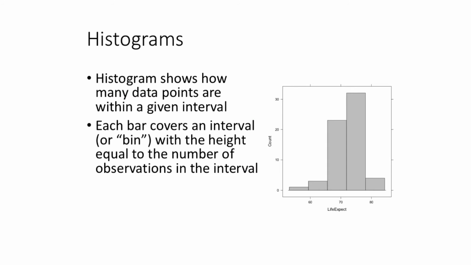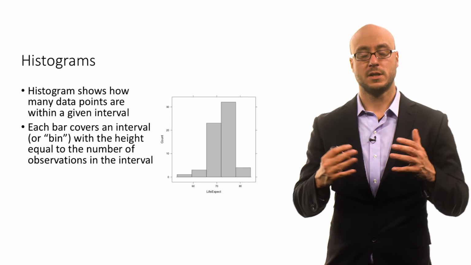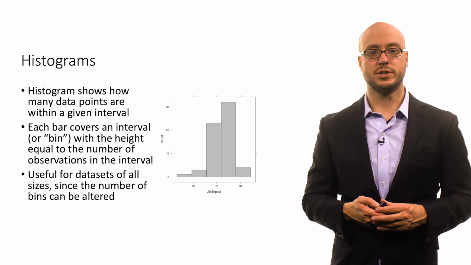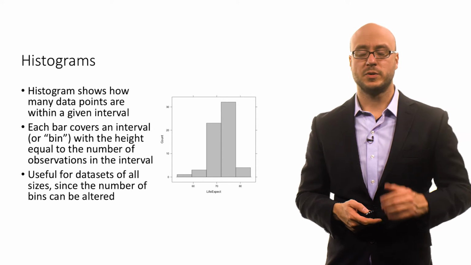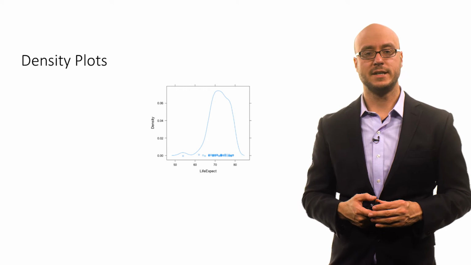So here we can see that most of the observations are around 60 or so. There are very few observations around 50 or 40, relatively few observations up around 80. So a histogram gives us an idea of the distribution. And again, it's particularly useful when we have large data sets.